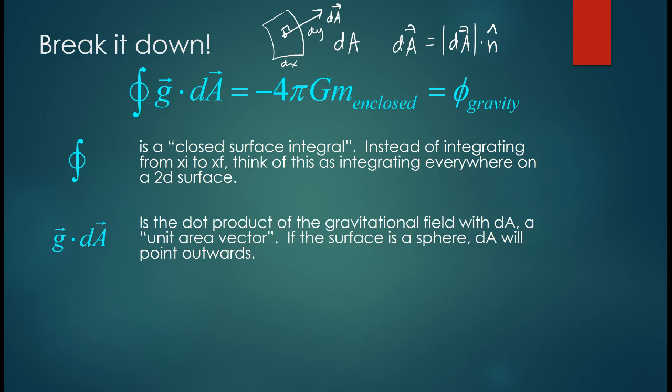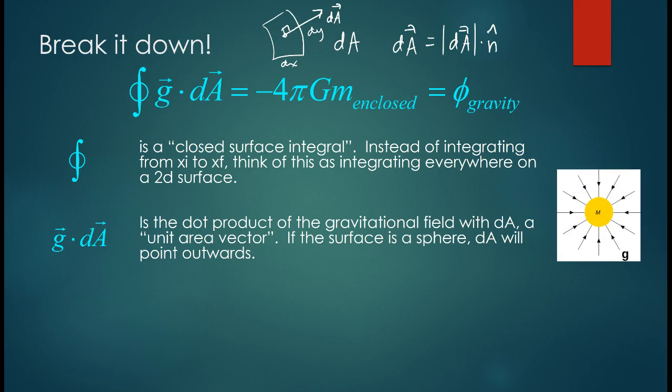Okay. So, for example, if we have our picture here and we put a surface, we can see that the unit vector on that surface would be going outwards like this, perpendicular there. Okay? So you might notice that we have a negative sign here in Gauss's law, and this negative sign is going to account for the fact that when we do this surface integral, that G is going to be pointing inwards and dA will be pointing outwards.